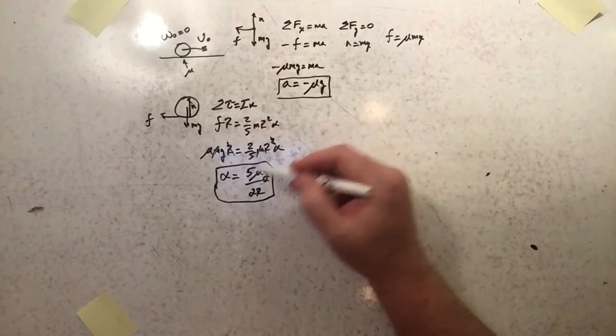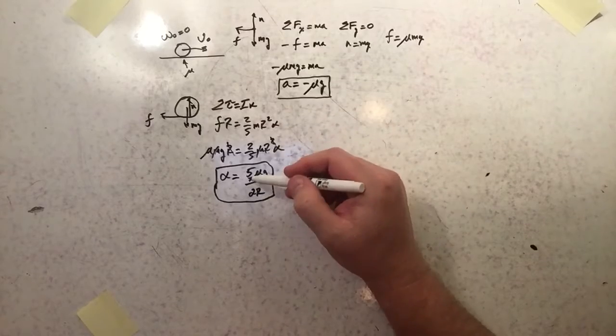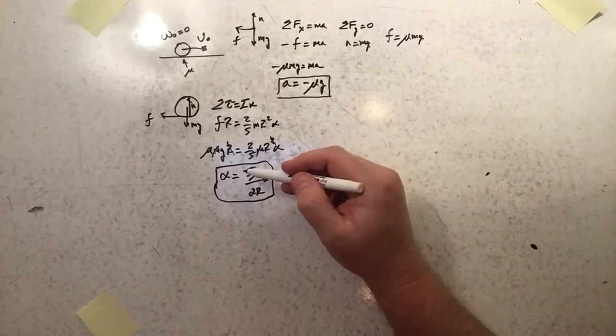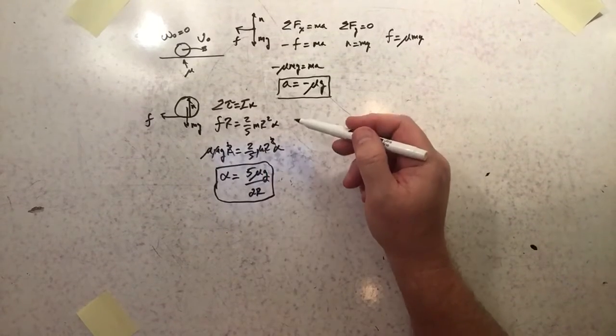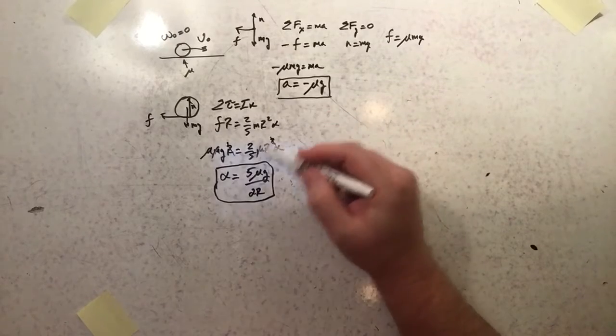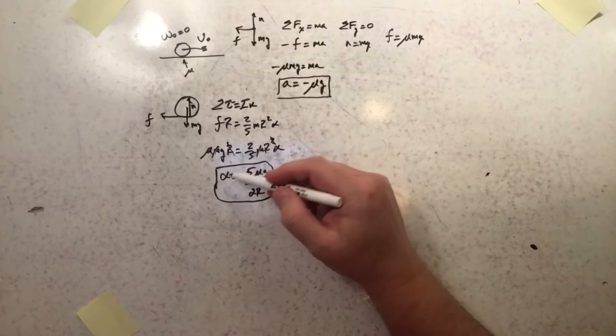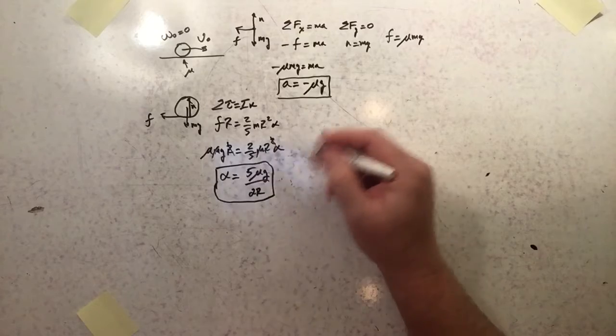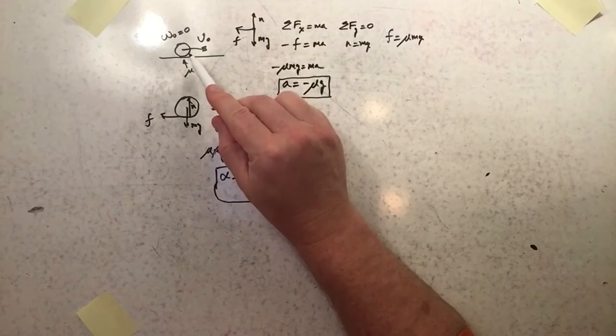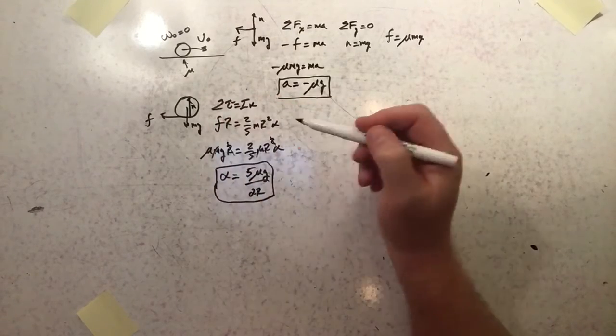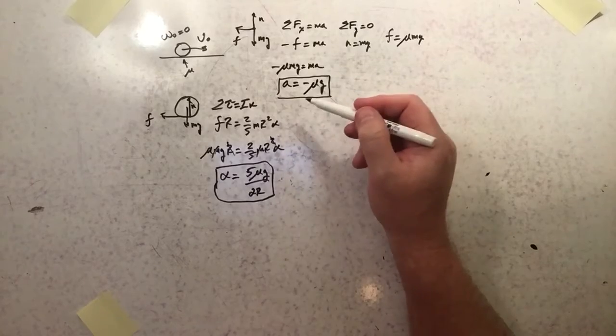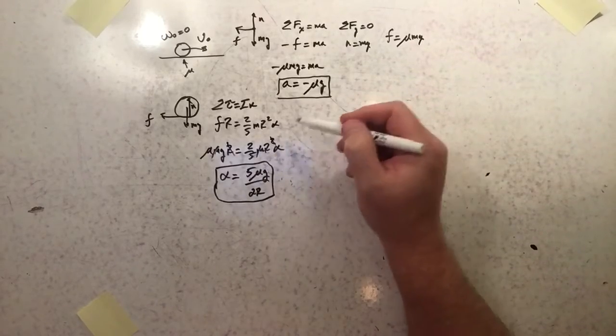We'd love to know what that magic number is, but I can't find it from this because I lost the connection, the one we've been using for the last couple of days. The condition for rolling without slipping is that a equals alpha R. That's not true in this case because these are definitely out of lockstep, at least right now. But they will eventually be in lockstep, and I know the condition under which they will be.